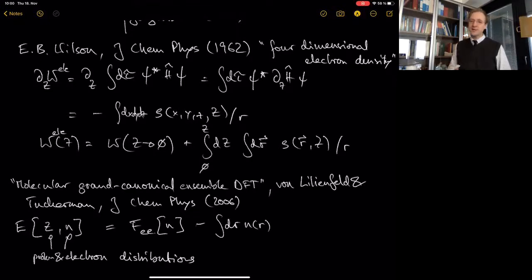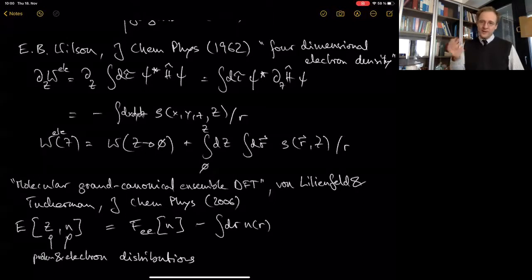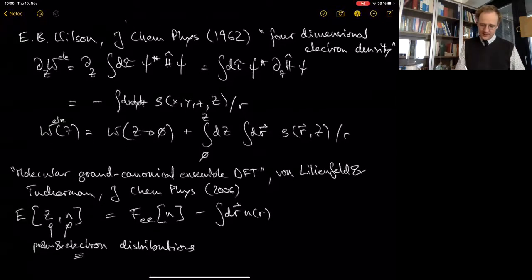I'm sorry, I changed now to the use of small n for the electron density, which is typical for charge distributions. It's another common symbol, but it is the same as rho, as we used it previously in this course. So this is identical with rho. And of course, the external potential of R.